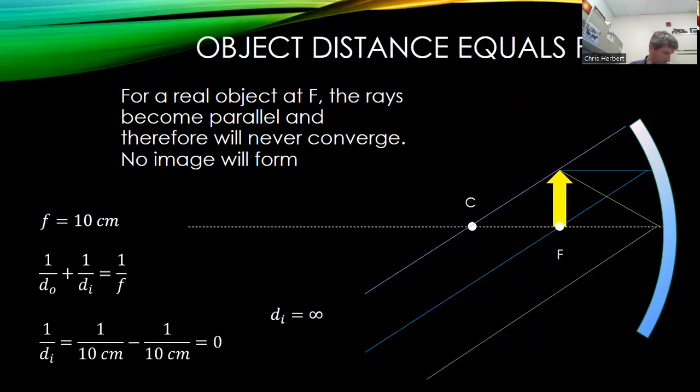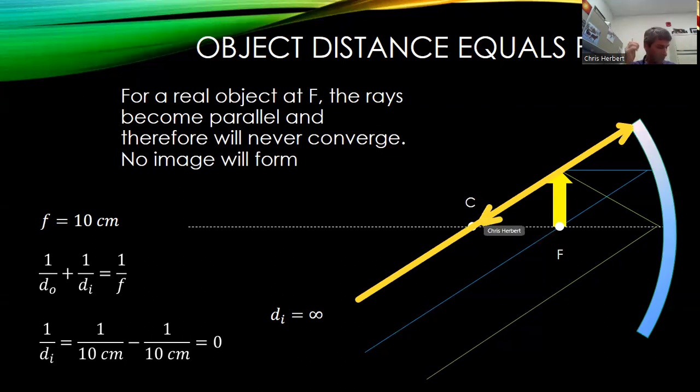And if I follow this correctly, the ray that passes through the center of curvature simply reflects back, hits the mirror, and then it reflects back through the center of curvature. Here is the ray. Let me use a different color.